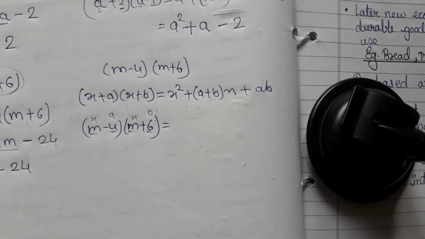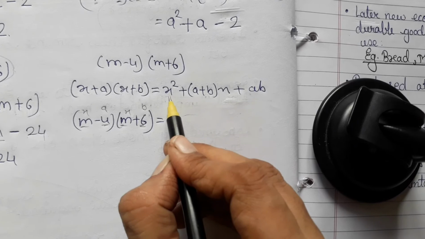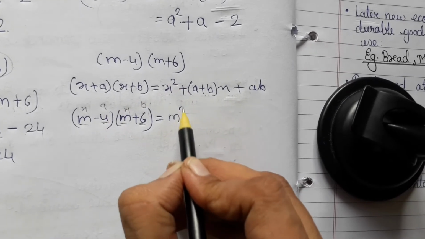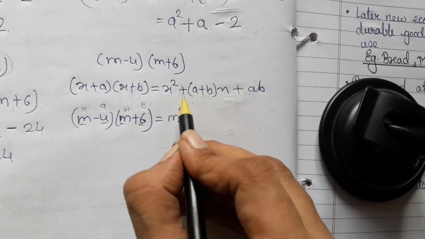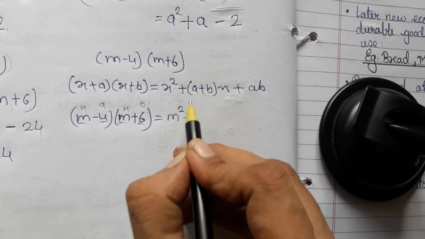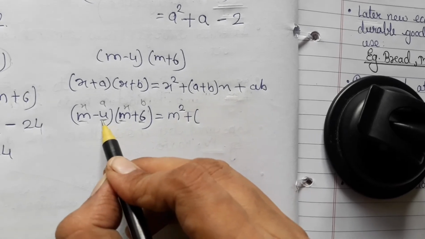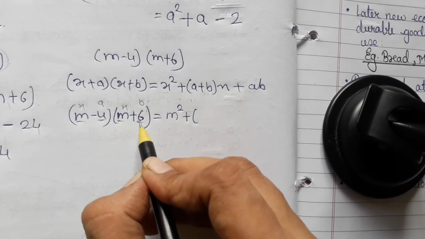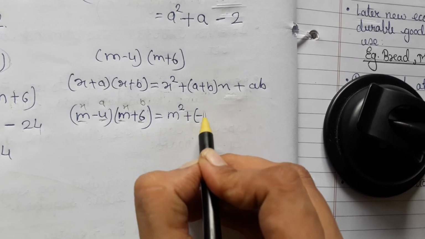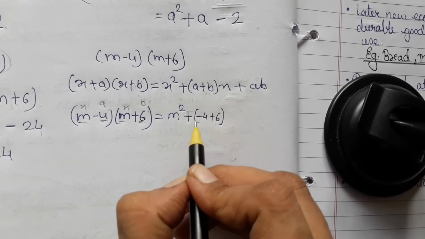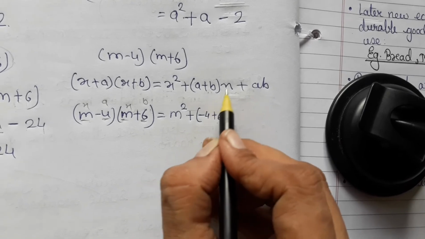x square, my x is m, so I will write m square plus, in bracket, a plus b. My a is minus 4 and my b is plus 6. So minus 4 plus 6. Children, always take the sign along with the number.